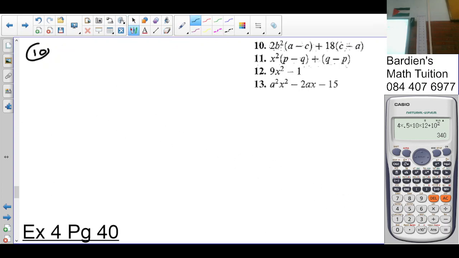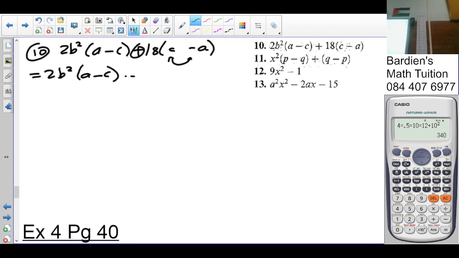Number 10. You've got 2b squared into a minus c plus 18 into c minus a. What must be done first? Swap the second bracket. Negative will come out. So it's 2b squared into a minus c minus 18 into a minus c. Now what? The common factor of a minus c. What are we left with? 2b squared minus 18.